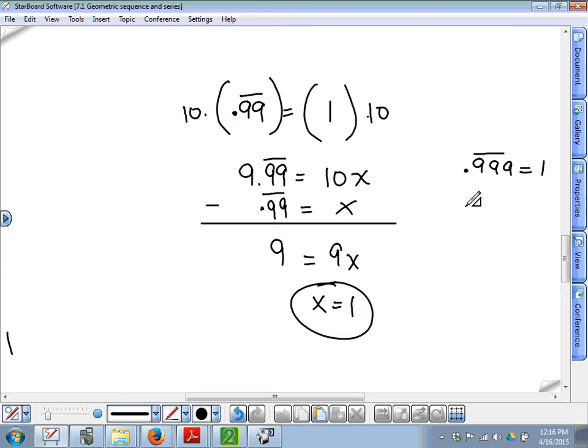There's an infinite number of 9s. So 0.99999 is getting closer and closer to what number? How close does it get to 1? It gets infinitely close to the number 1 because there's an infinite number of 9s, right? At that point, when it's become infinitely close to that number, it essentially becomes that number.